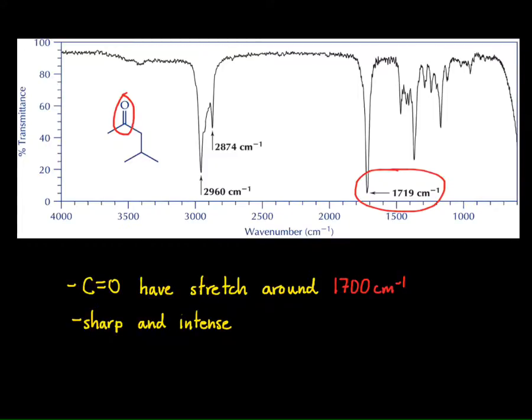So here we have a carbonyl that absorbs at 1719. Now it happens that this is a ketone, and ketones generally have an absorption around 1720, right? So this is 1719. But oftentimes, there are slight fluctuations in the electronic environment such that that absorption can shift a little bit.